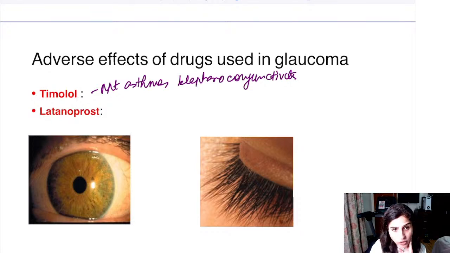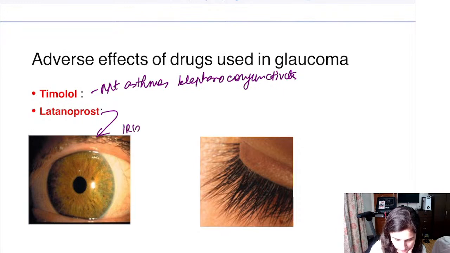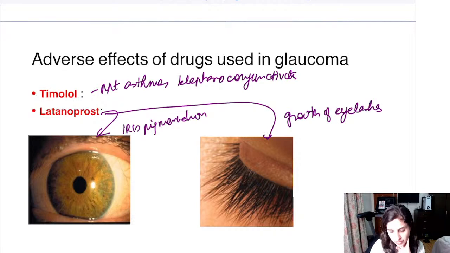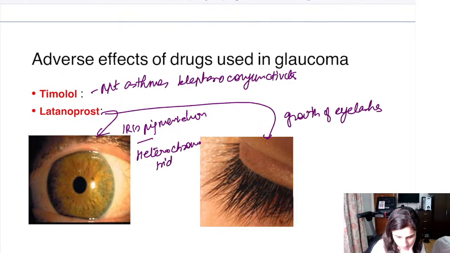Latanoprost causes iris pigmentation and growth of eyelashes, which causes hypertrichosis, and the iris pigmentation, which is heterochromia iritis. ठीक है?